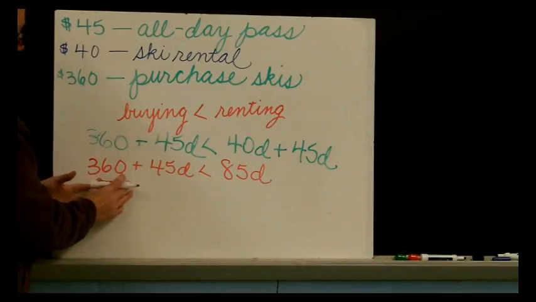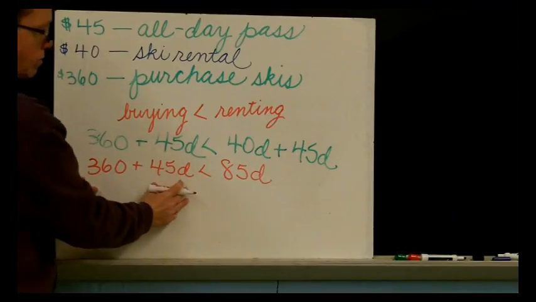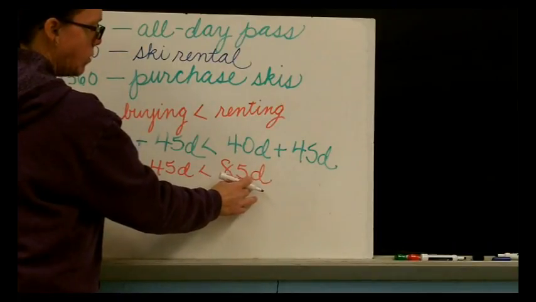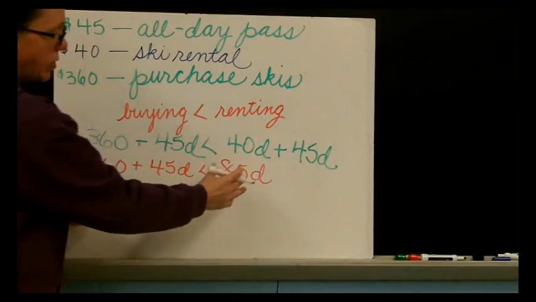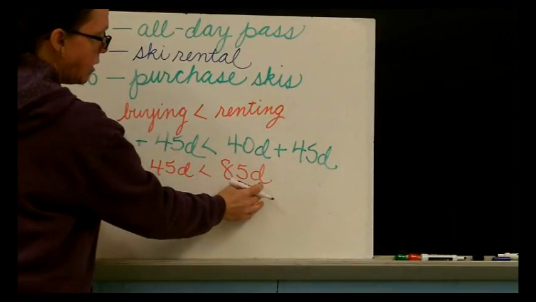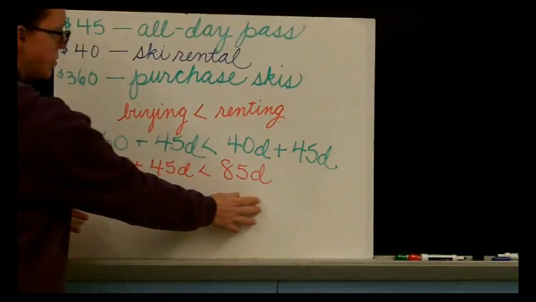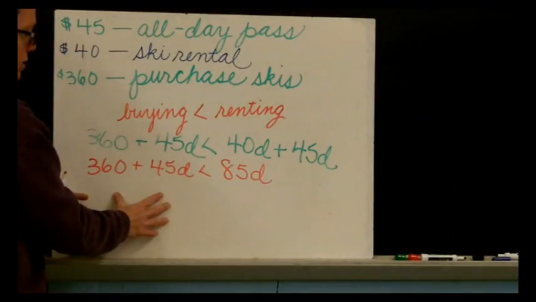Now, we have a constant and a variable here, and on this side, we only have a variable. So for me, it's a no-brainer, we're going to make this our variable side. This is our variable side, this is our constant side.